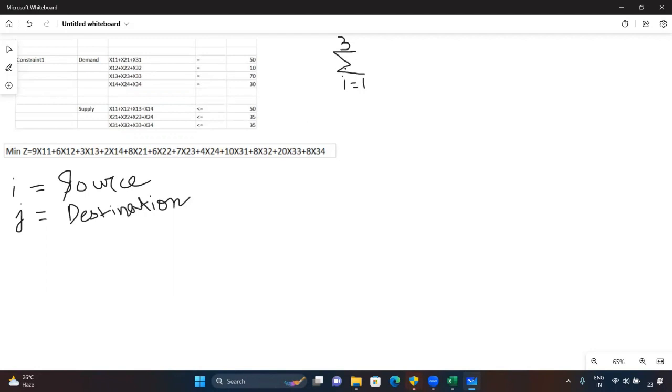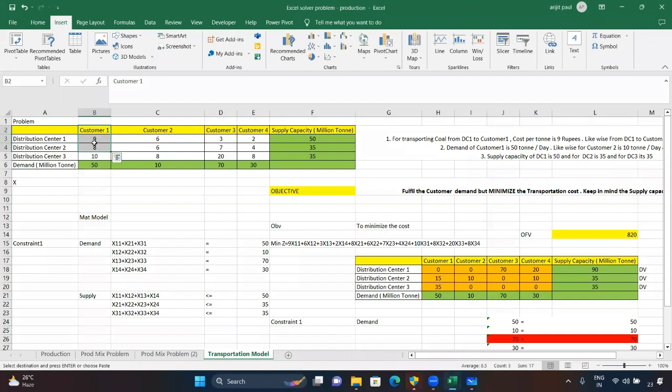Now what is xij? That's the quantity. i is the source and j is the destination. In our last classes, we mentioned that these cells we have referred to as xij, right? So x11 means the distribution center 1 and the customer 1.